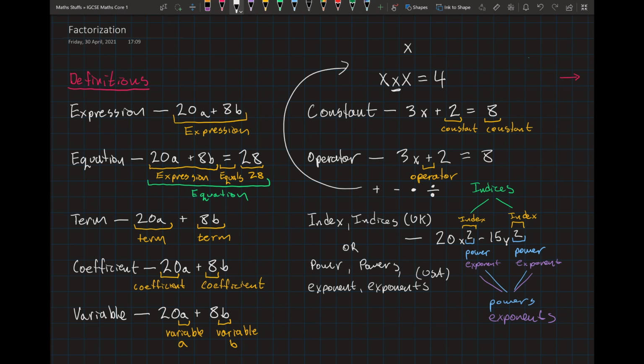You don't know if this is a multiplication symbol or another x, and it just looks really funny. So what we do is we use a dot because it's easy to write and it shows multiplication. So in this example, this would actually be x squared equals 4. So what times what equals 4? We know that this is going to be 2 because 2 squared is equal to 4. Anyway, that's just a little side note. I'm going to go ahead and erase that.